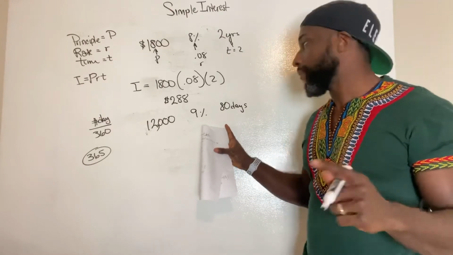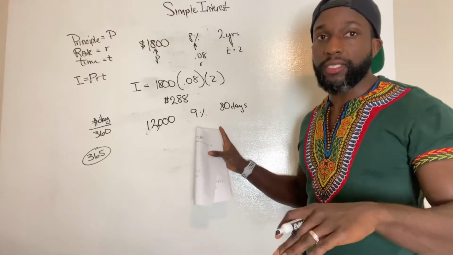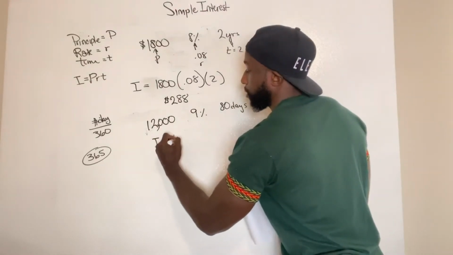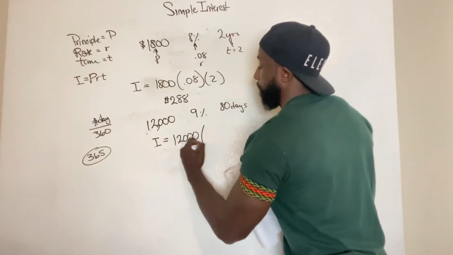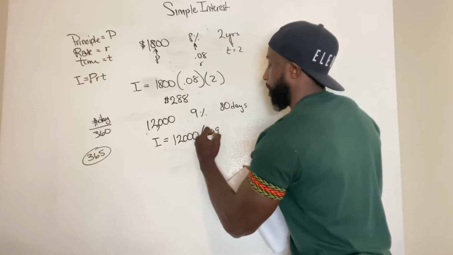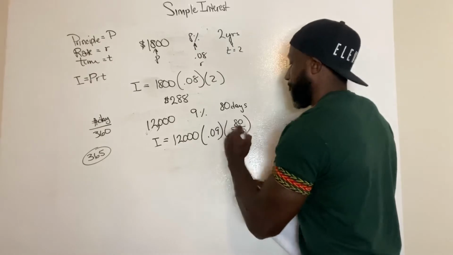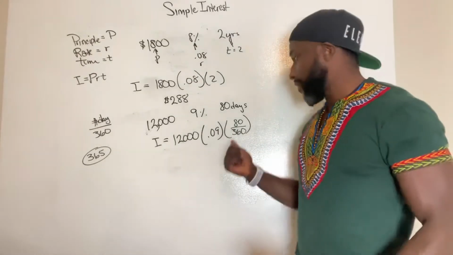So first things first, let's put it into the formula. The formula being I equals P, 12,000, times R, 0.09, times T, 80 over 360. Right? This is your time.